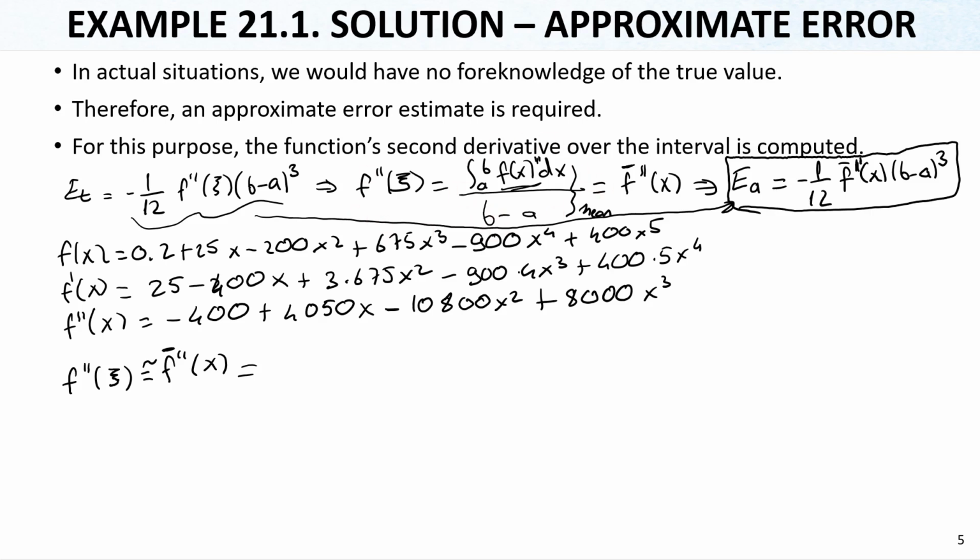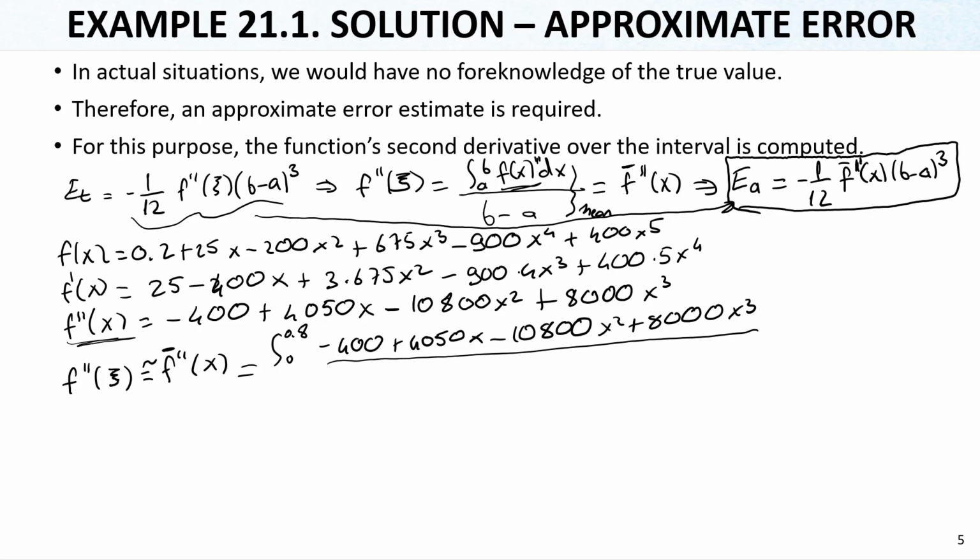Let's put everything here. It's the integration between 0 and 0.8, b and a. And the second derivative is here. So write it here. Minus 400 plus 450x minus 1800x squared plus 8000x cubed, divided by b minus a, 0.8 minus 0.